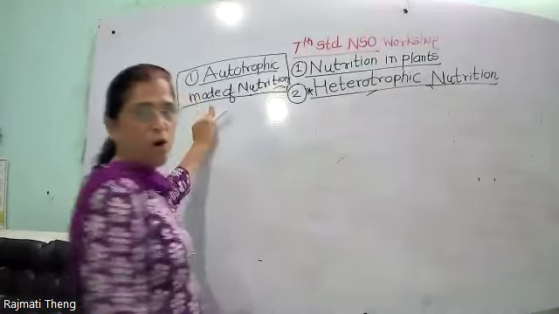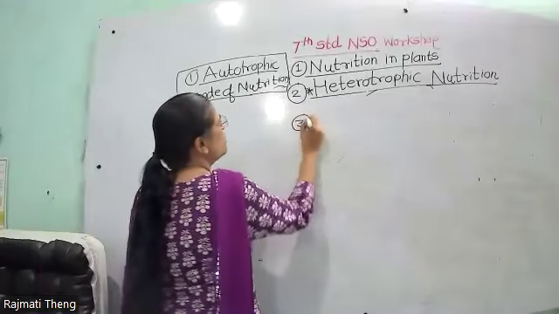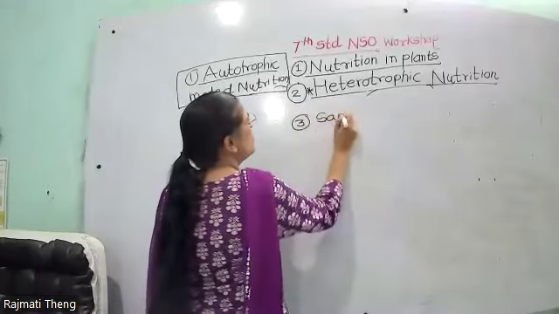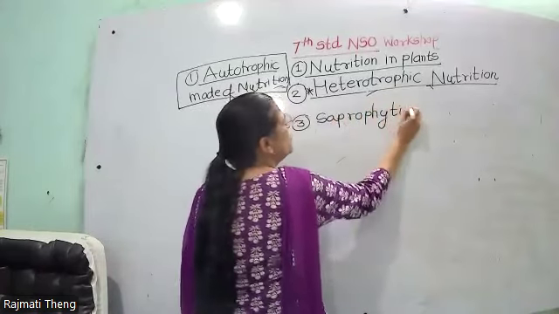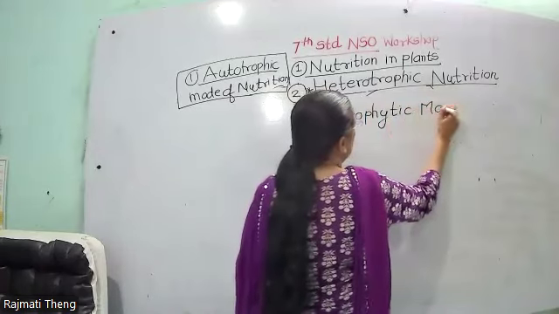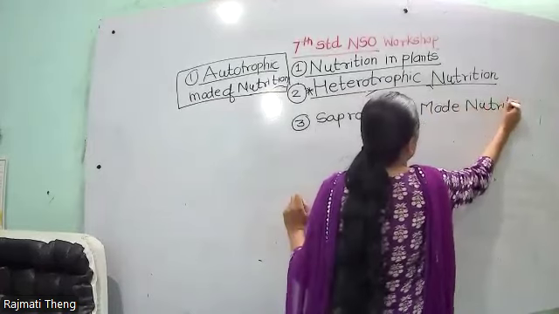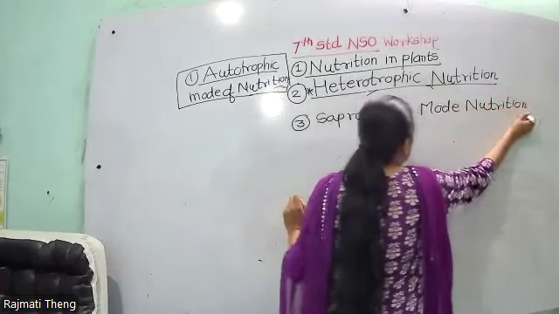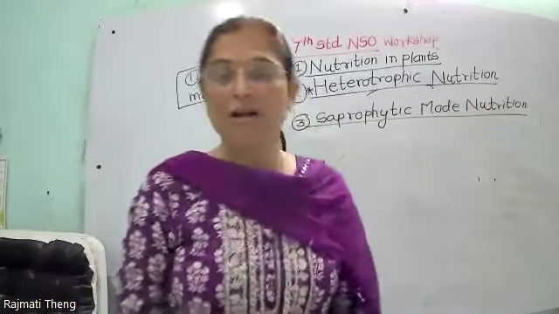First autotrophic, second heterotrophic, now the third one is the saprophytic mode of nutrition. The third type of nutrition is the saprophytic mode of nutrition.